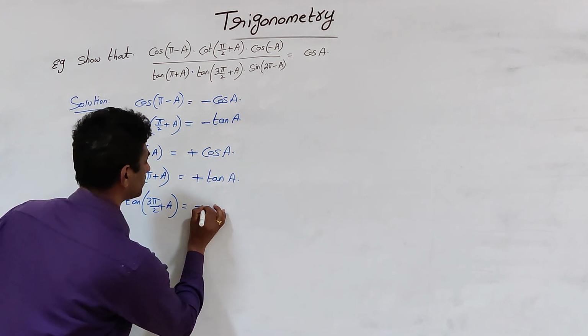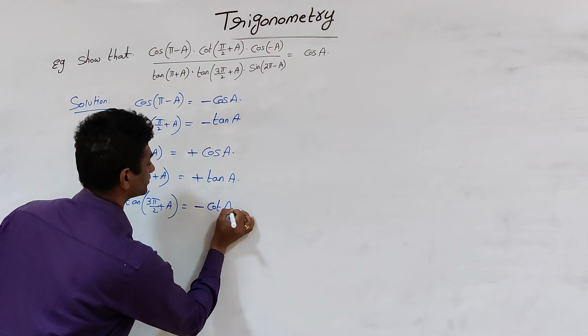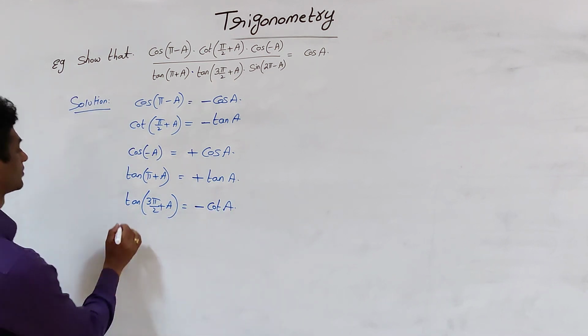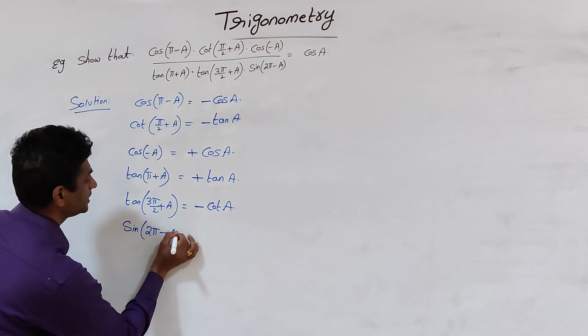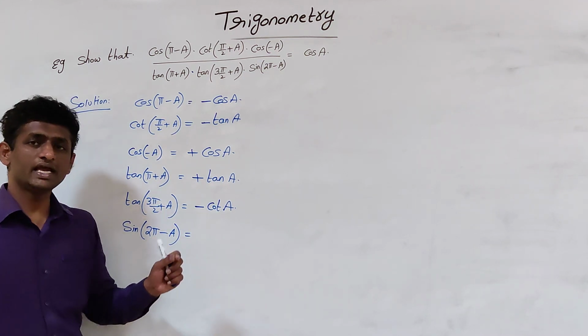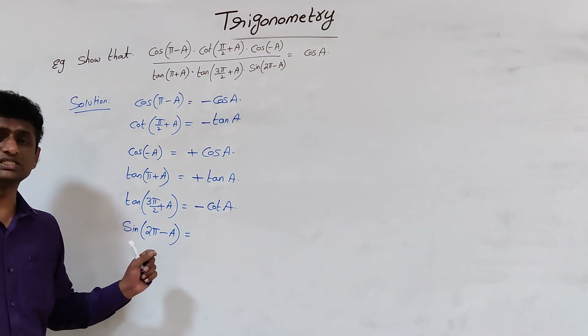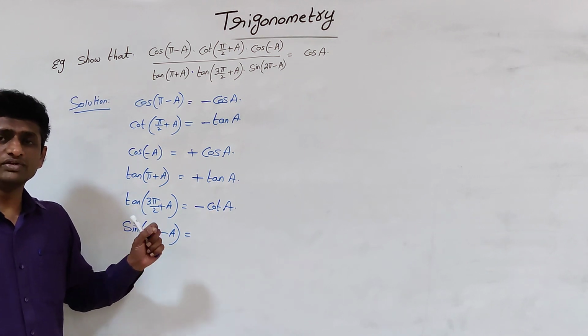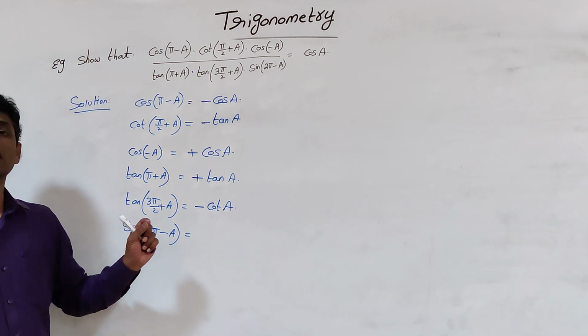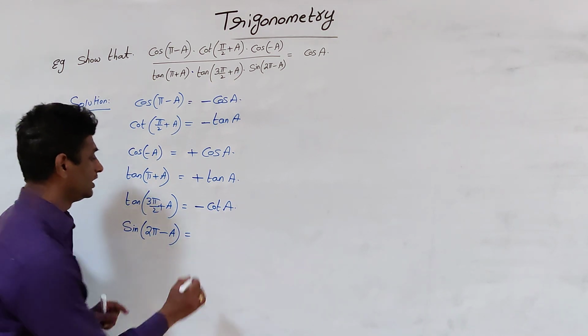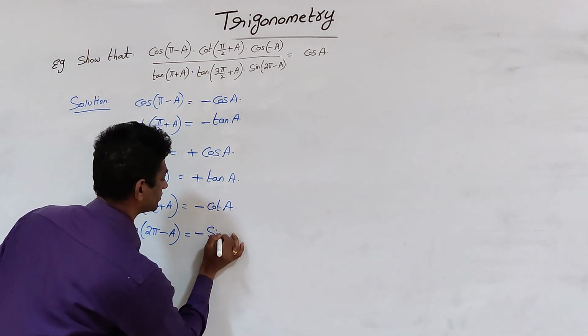So it will be minus cot a. Sin of 2 pi minus a. 2 pi minus a, that is 360 minus theta, is an angle which lies in the fourth quadrant. In the fourth quadrant, sin will be negative. So it will be minus sin a.